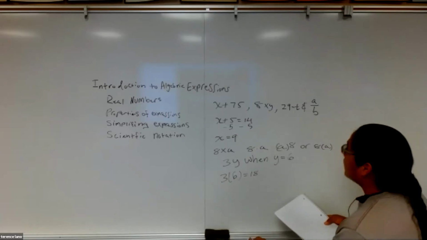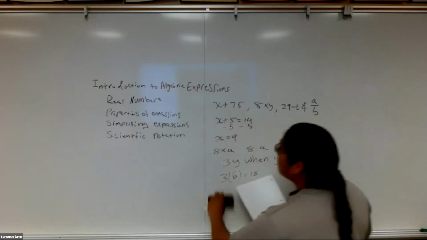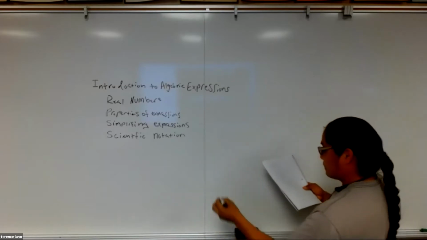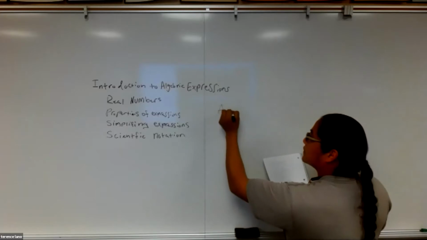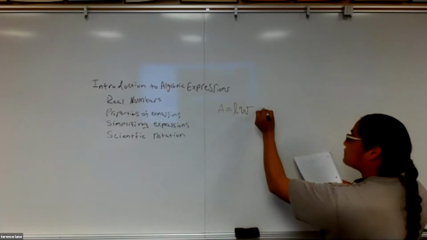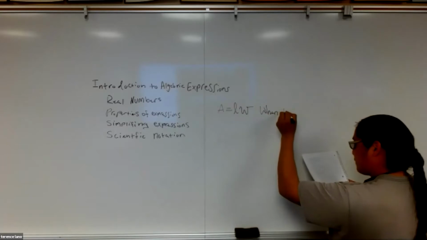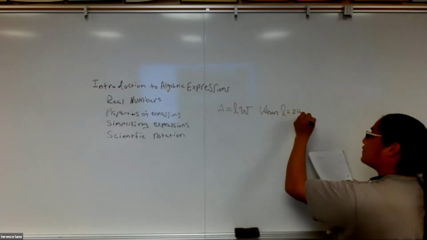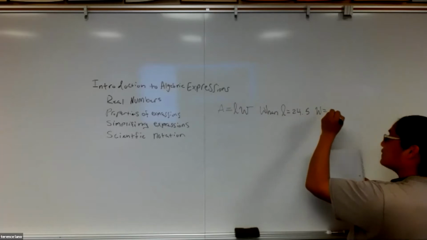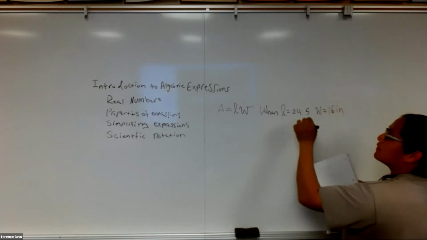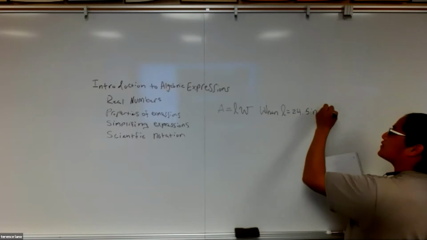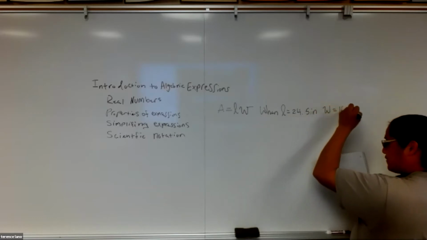And we could have the area of a rectangle, A equals length times width, when L equals 24.5 inches and W equals 16 inches.